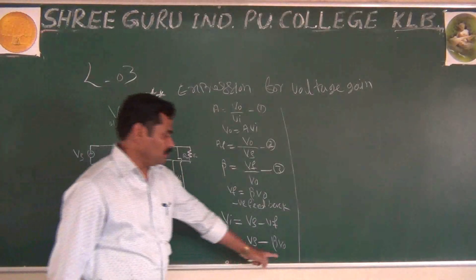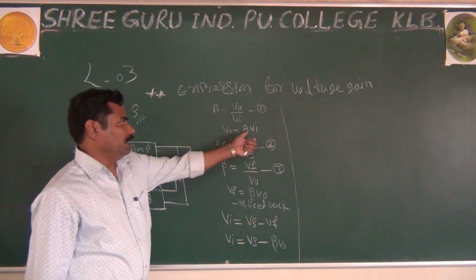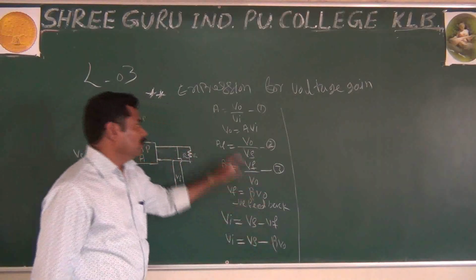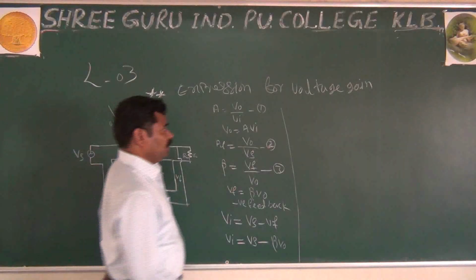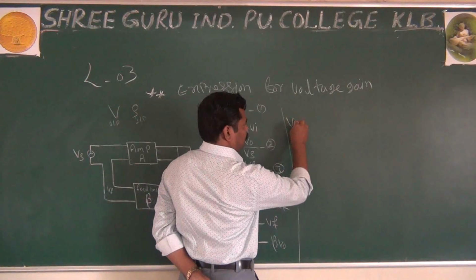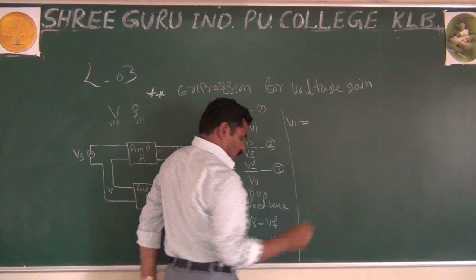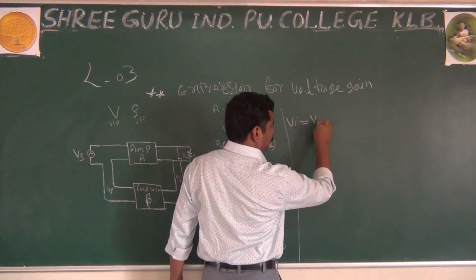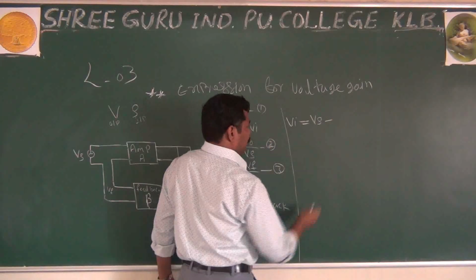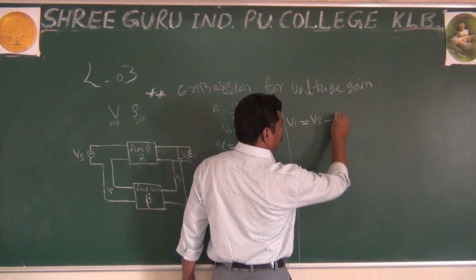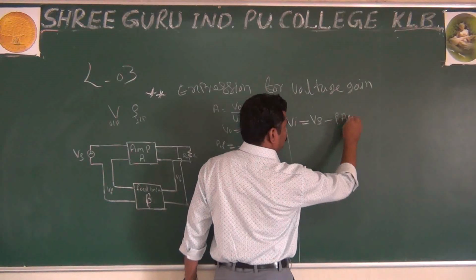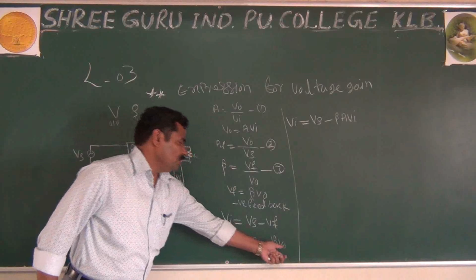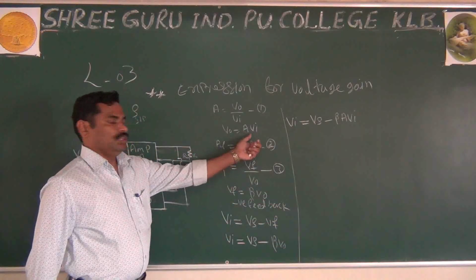Same, this V naught you can write as A into Vi. In place of V naught you can write A into Vi. Then it becomes Vi equal to Vs as it is, minus beta as it is, right? This beta as it is, and V naught is written as A into Vi.